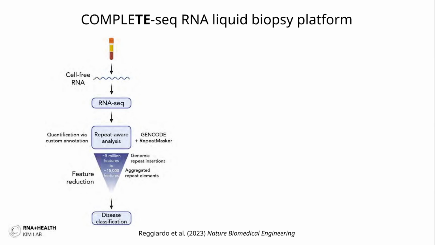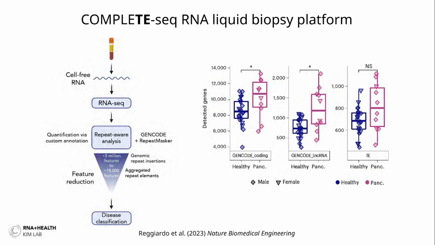And so what we're able to identify when we do this Complete-seq based RNA liquid biopsy is that we can detect about 8 to 10,000 different protein coding RNAs in the circulation in the blood. We can see up to about 1,000 or so long non-coding RNAs, and also up to 1,000 or so of these transposable element subfamilies. Here, on the left side, these are healthy individuals, so this is healthy blood.